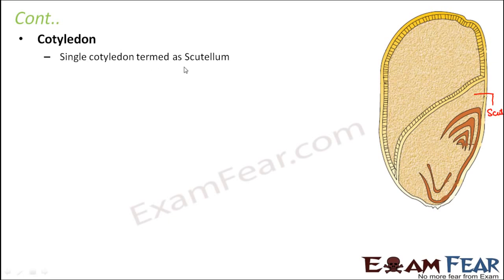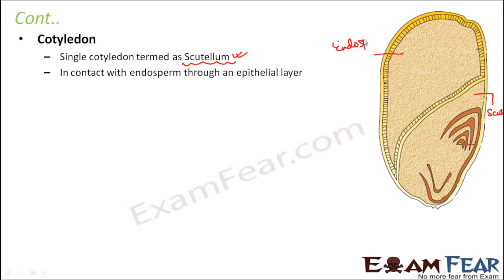Since it is just a single cotyledon, it is named scutellum. It is in contact with endosperm through an epithelial layer. This is the endosperm, right? Endosperm and cotyledon are connected to each other through an epithelial layer. Here you can see a layer. This layer is the epithelial layer.